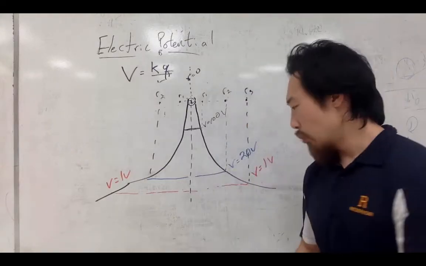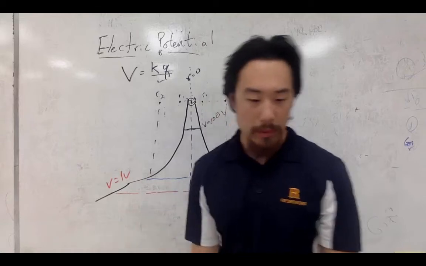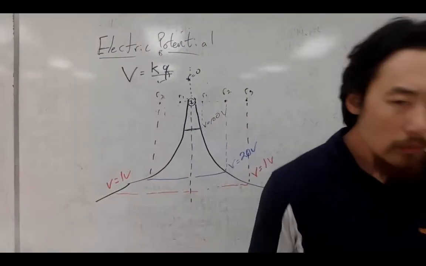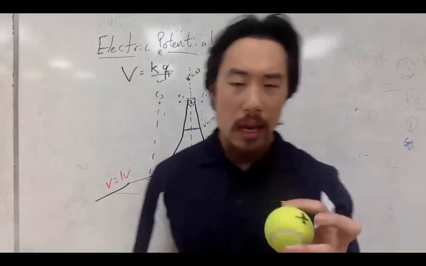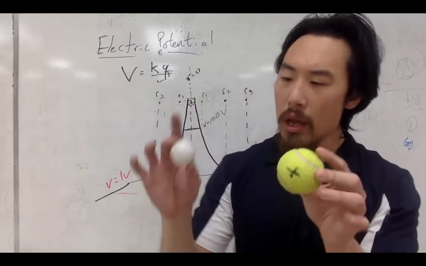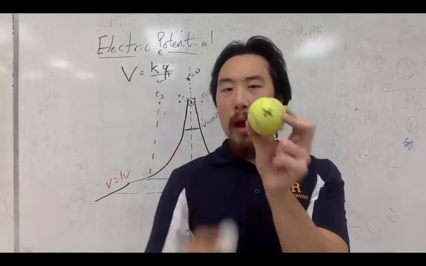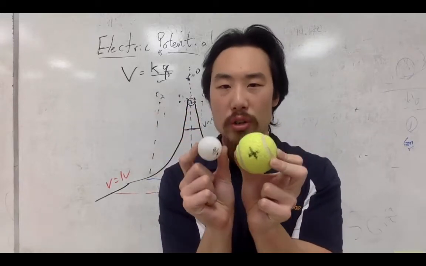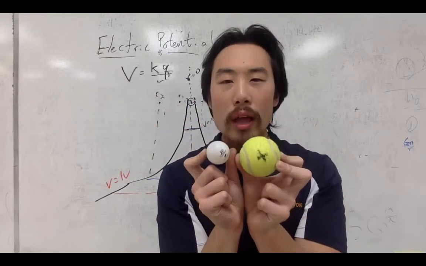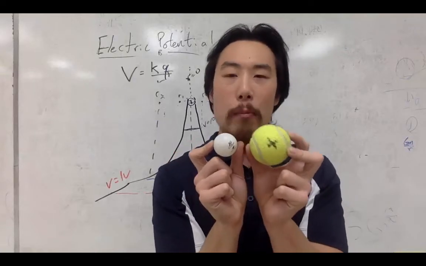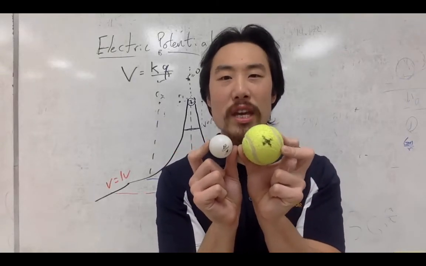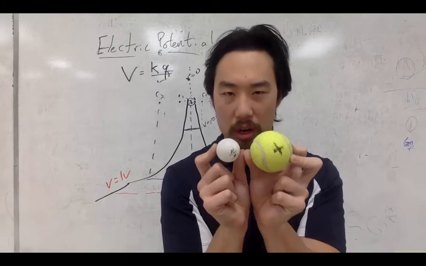Now, you might be thinking to yourself, what is electric potential? So if we have a positive charge, and we were to get a test charge, and our test charges will always be positive, what electric potential means is it's the ability for the electric field to do work.